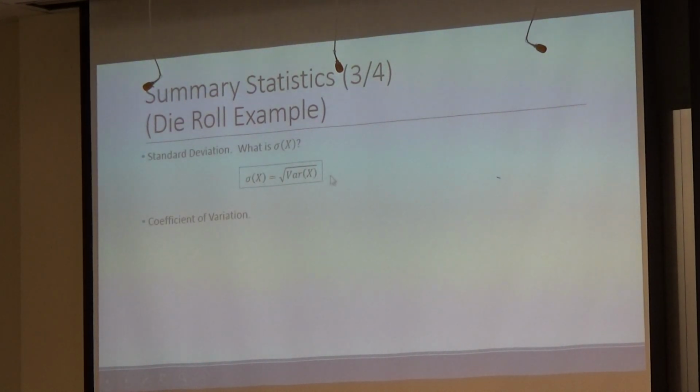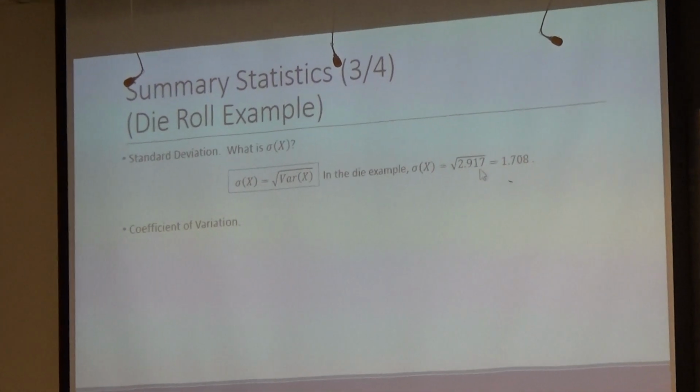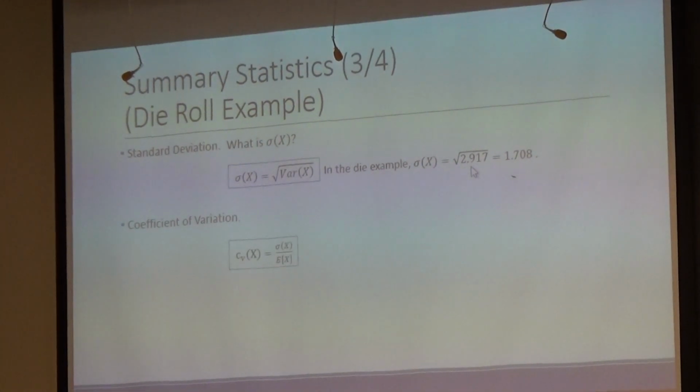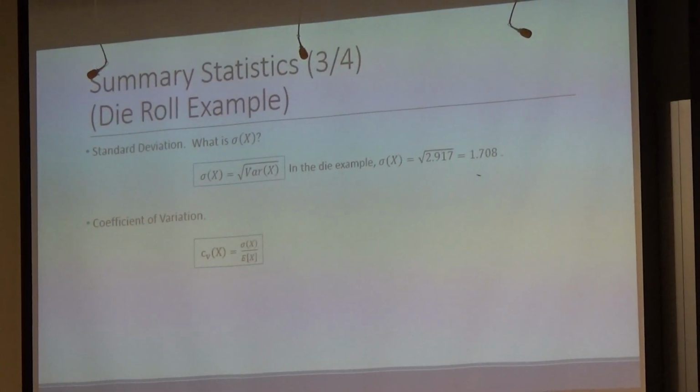Okay, standard deviation is the square root of variance. I think a nice measure, which we could calculate in the die example, is the coefficient of variation. If you think about standard deviation, I don't necessarily know what it means. Is it high? Is it not high? But if I compare it to the mean, that's the coefficient of variation.